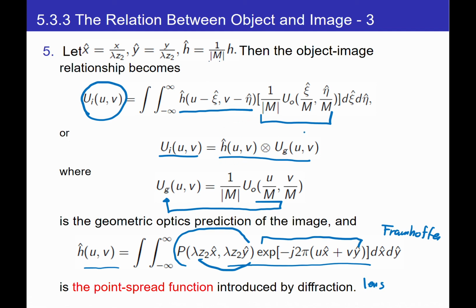And our geometrical image is a magnified replica of the object with the scaling factor, which is determined by the magnification number, and this point spread function for the lens system is given by the Fraunhofer diffraction of the lens.